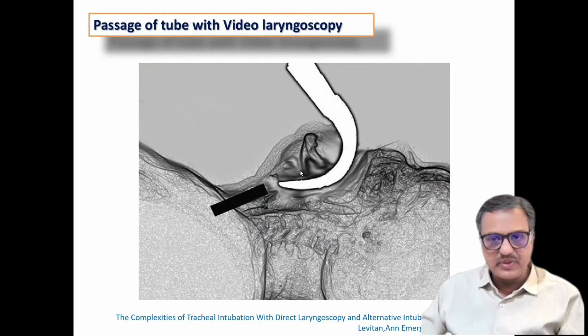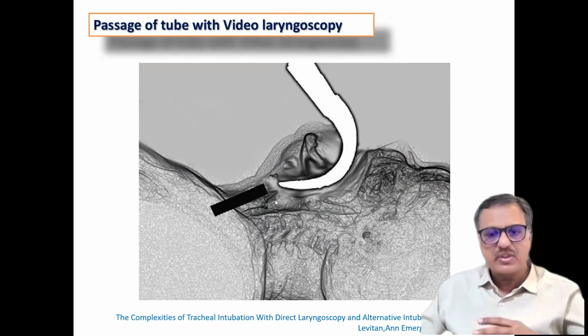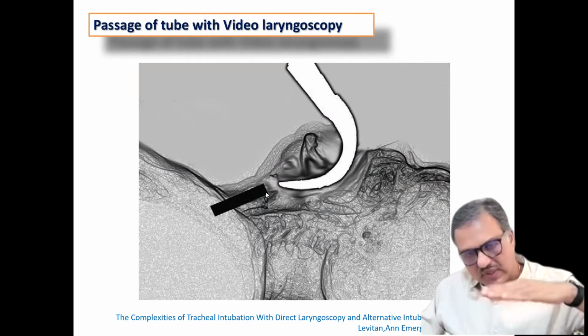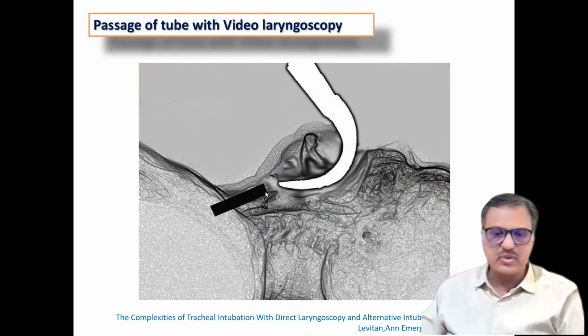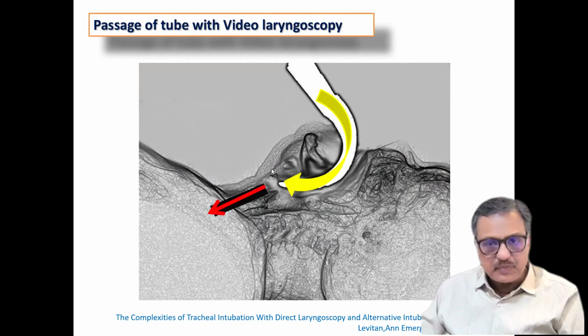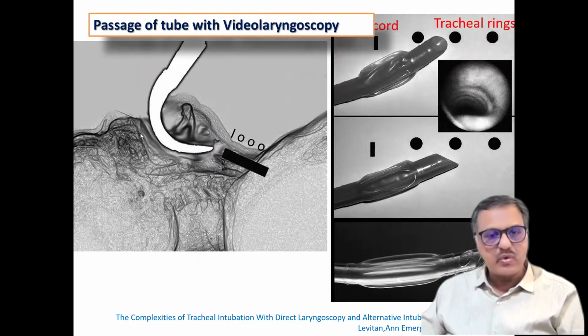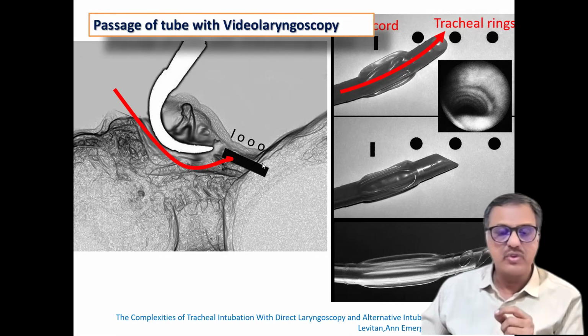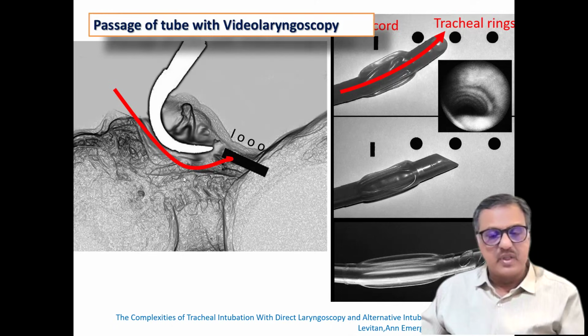Suppose this is a videolaryngoscope in situ; the trachea is not a straight tube. The trachea goes towards the right and posteriorly towards the carina, and this creates a disparity of angle between these two. If you try to pass a stylet-loaded tube, it is going to hit the anterior tracheal or anterior laryngeal area. It causes impingement, which increases the chances of trauma.